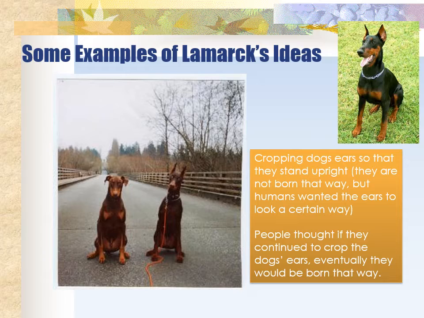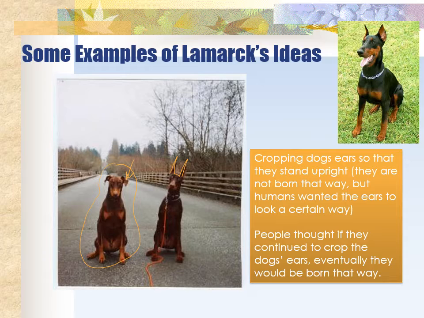Another example that still persists for quite a long time is cropping dogs' ears. Cropping is actually cutting a dog's ears. So for instance, in these Dobermans, the dog's born with floppy ears. And for aesthetic value or for whatever reason, they wanted the ears to stand upright. So to get them to do that, they have to cut the ear.